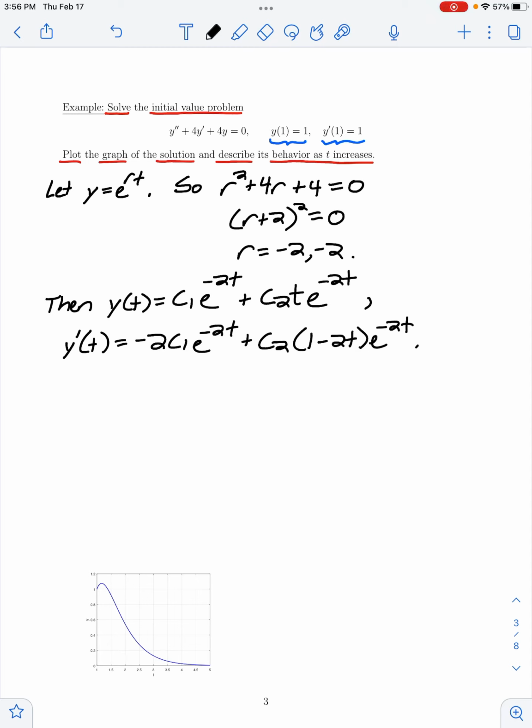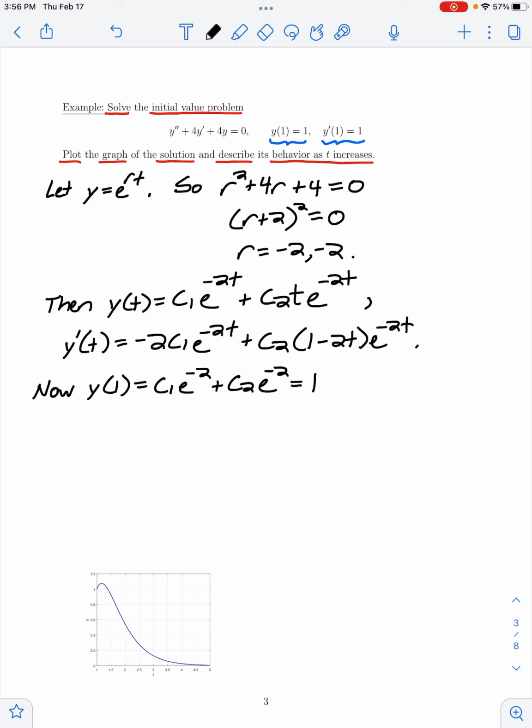Now let's keep in mind that we're given the initial values of y and y prime not at time t equals 0, but at time t equals 1. So let's see what we have here. If we substitute 1 into our general solution, we have c1 e to the negative 2 plus c2 times 1 e to the negative 2.